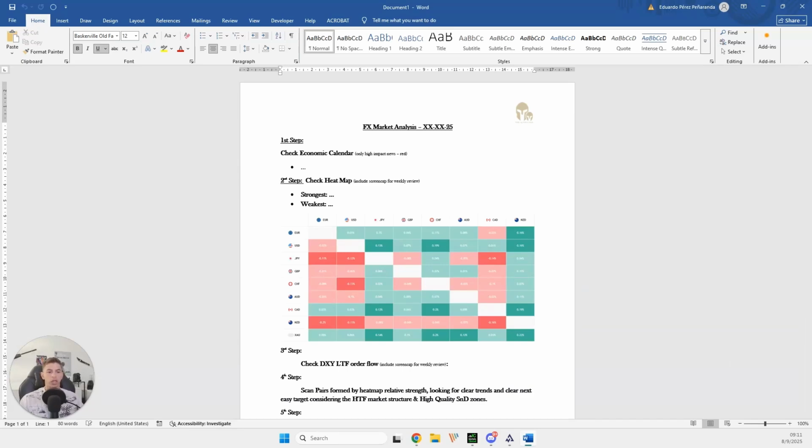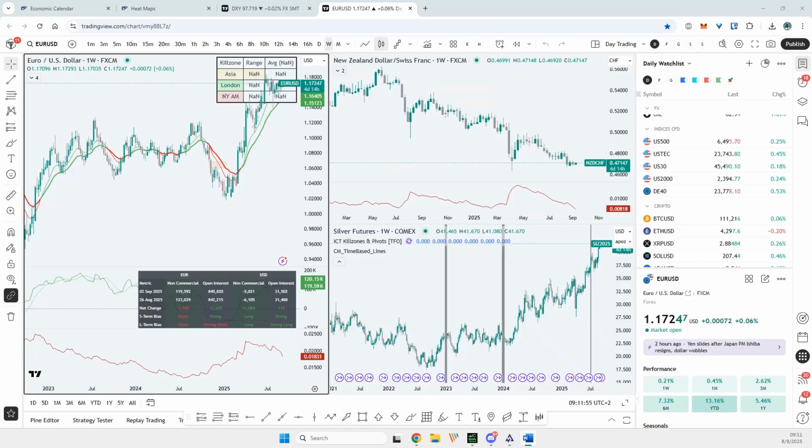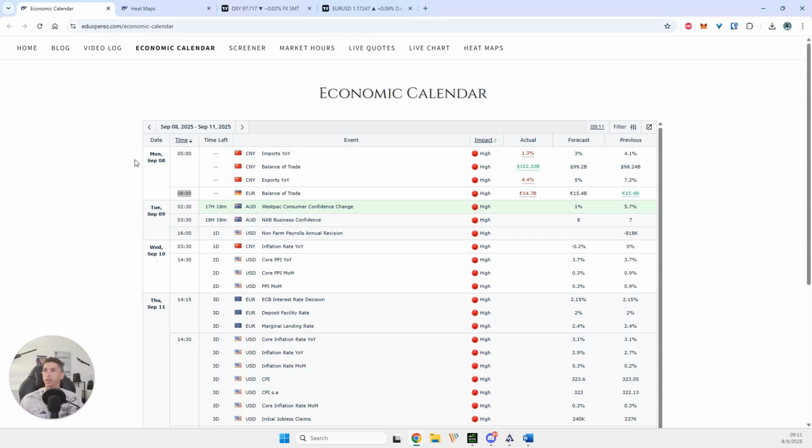First of all, we're going to check the economic calendar to see what we have on the horizon. For today, news are already behind us. We had a lower than expected balance of trade for the euro, and overnight we have Chinese balance of trade, imports and exports.